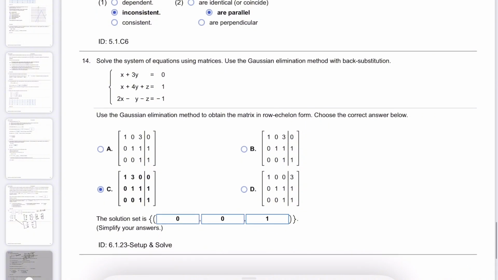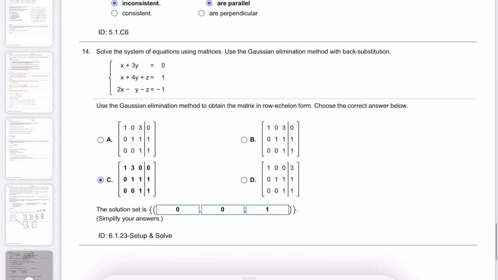You're going to solve this system using the Gaussian elimination method. And you see that it is part C. So they don't have a 0 here, but they have zeros underneath the ones.